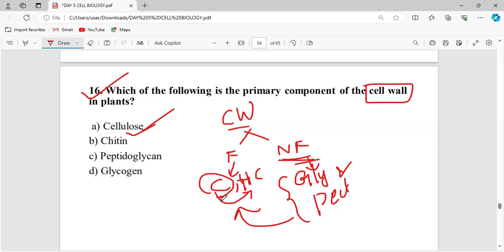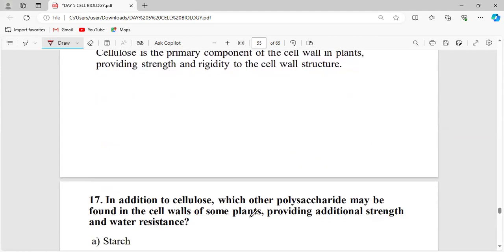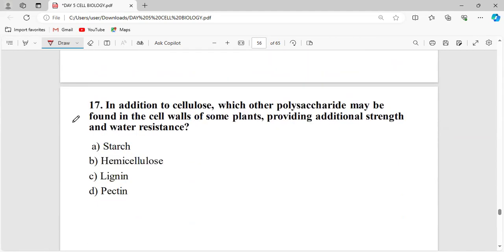See, this cellulose is tightly packed with this hemicellulose. Okay, they are cross-linked with this hemicellulose. How are they packed? They are packed with this non-fibrous portion, that is glycoprotein and pectin. Okay, clear? Now, next question.